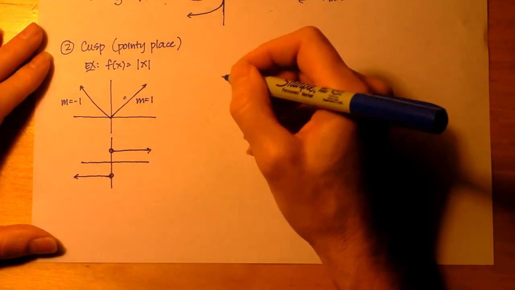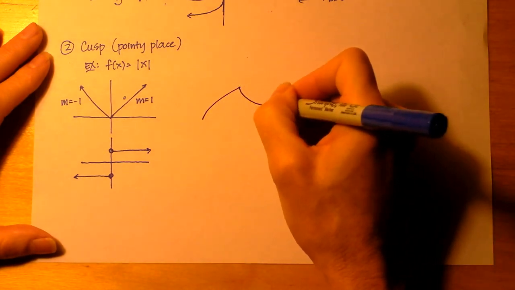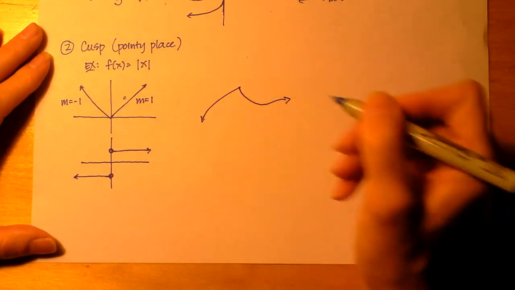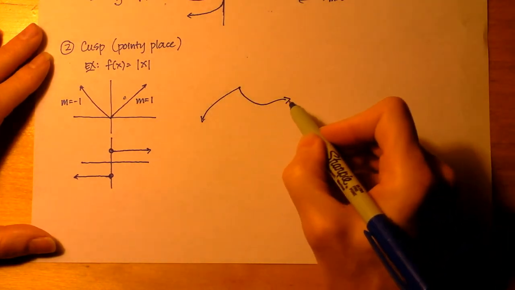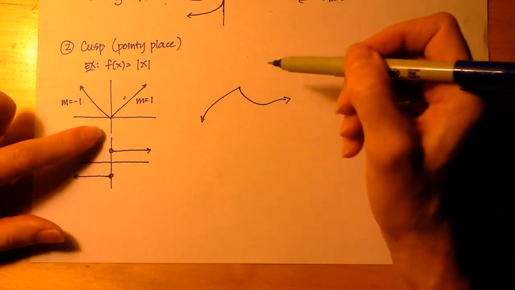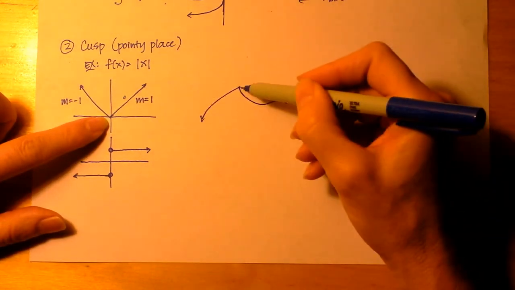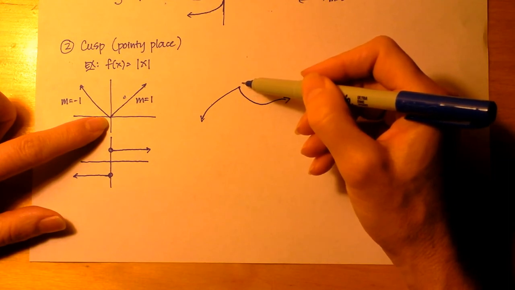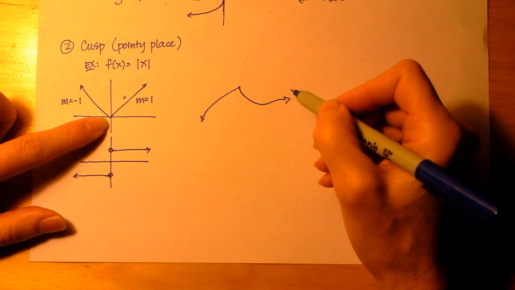So a more general case might be something that looked like this. If you had some weird kind of function that looked like this, the derivative would exist everywhere except at this point. Notice that the function is at all of these places. It's not a point of discontinuity, is it? No, I can draw this without any trouble at all.